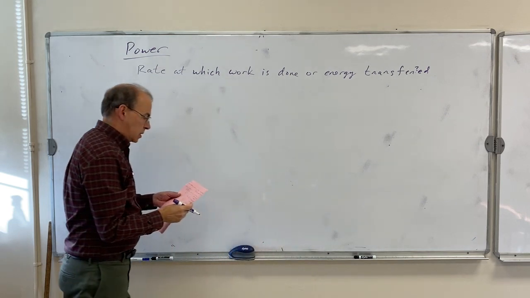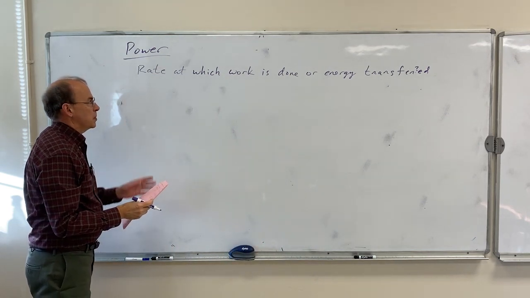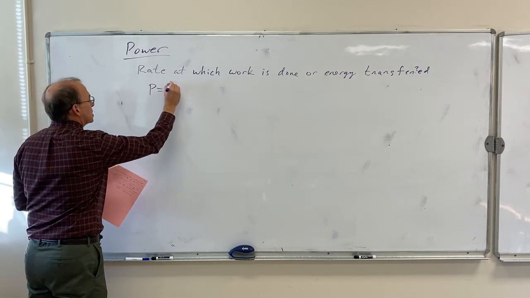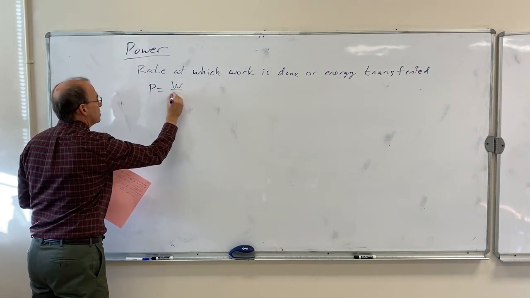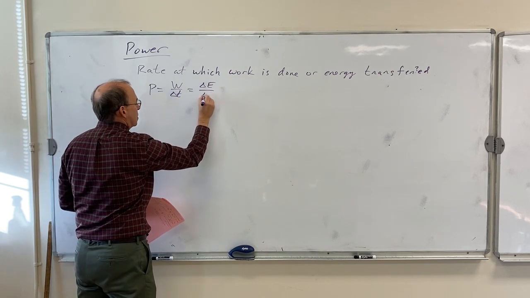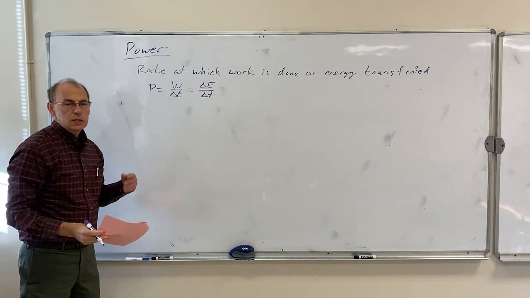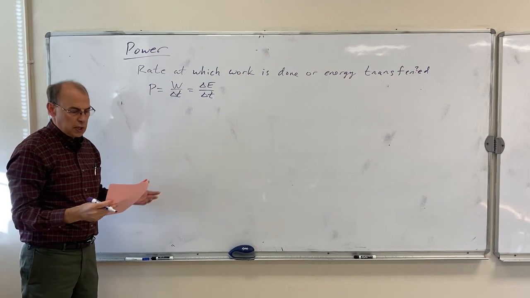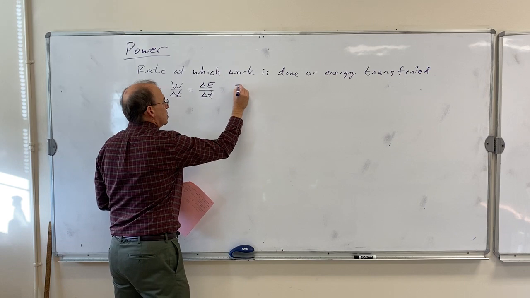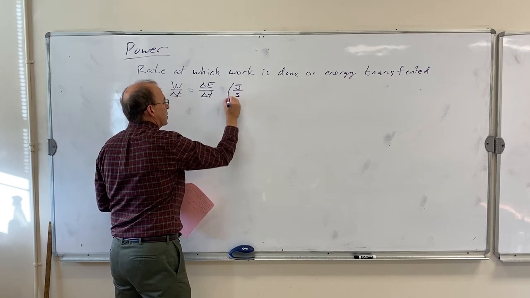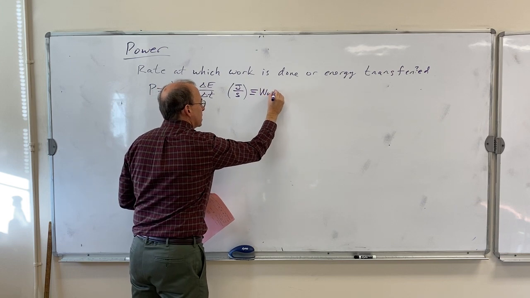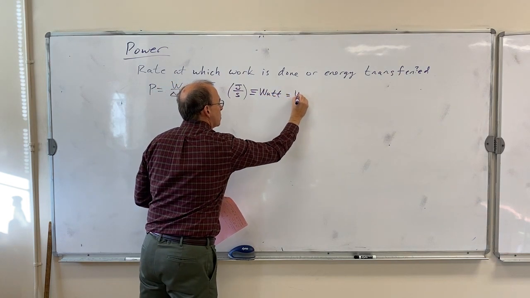Rate at which work is done or energy transferred. Anyway, so power is either work over time or energy transfer over time. This just says it's the energy over the time. So its unit is a unit of energy over unit of time, a joule per second. By definition, that is a watt, the symbol W.